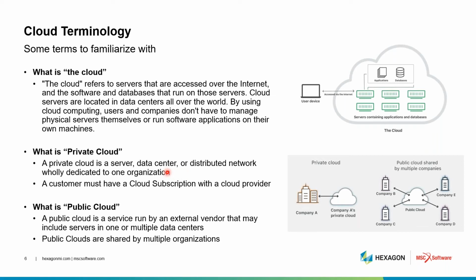The private cloud is a server, a data center, or distributed network completely dedicated to one organization, and the customer must have a cloud subscription with the cloud provider to have that. Whereas the public cloud is where the service is run by an external vendor that may include servers in one or multiple data centers. So public clouds are generally shared by multiple organizations.